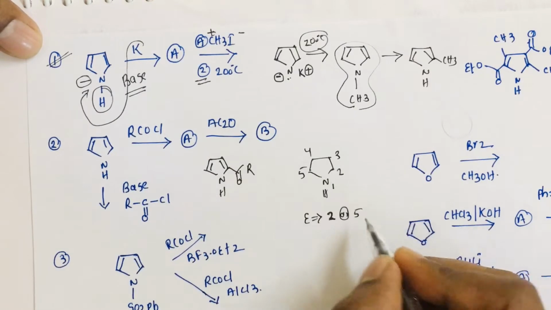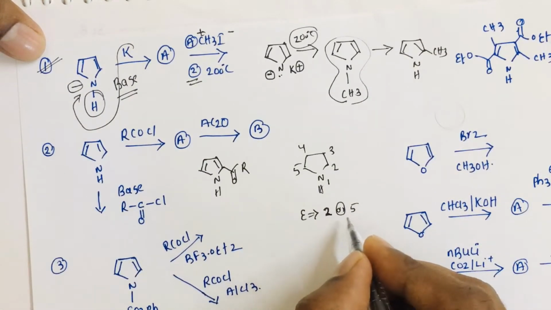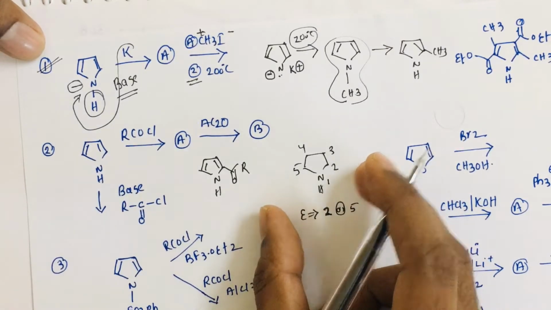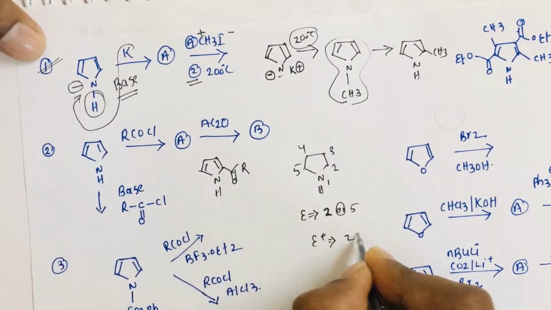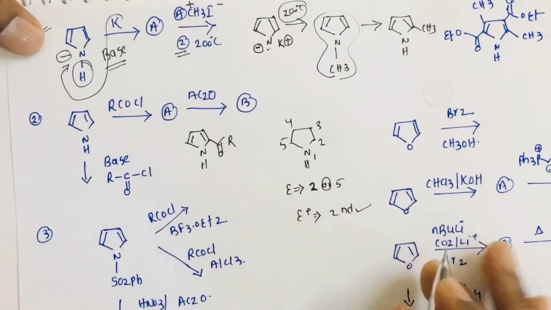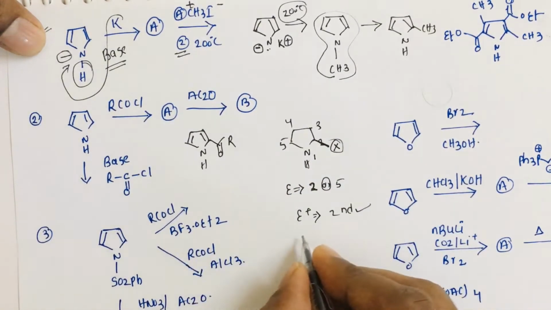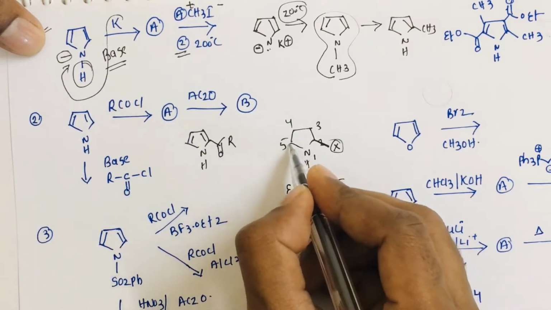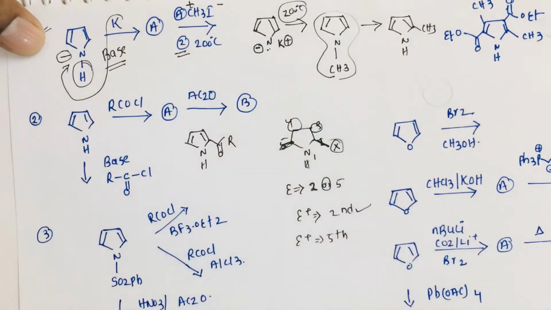This is general. If there is no substituent at all, the electrophile goes to the second position. If the second position is occupied, let's imagine that this is occupied, now the electrophile goes to the fifth position, and if both are occupied, then the electrophile goes to the third and fourth positions.